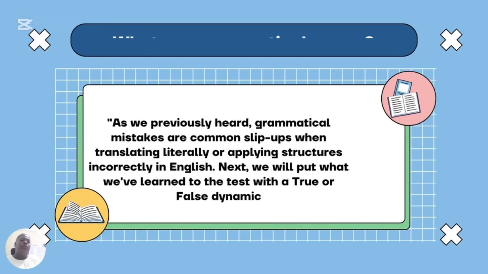As we previously heard, grammatical mistakes are common slip-ups when translating literally or applying rules incorrectly in English. Next, we will put what we've learned to the test with a true or false dynamic.